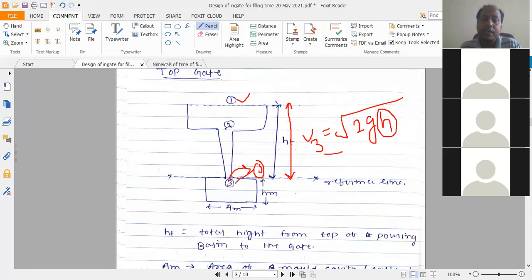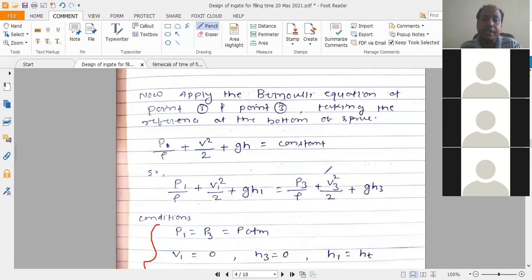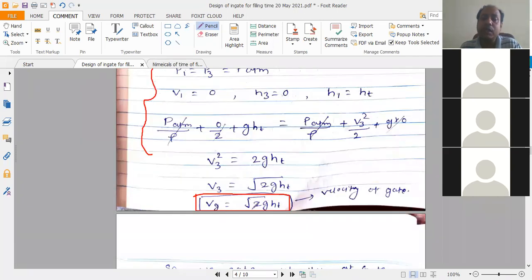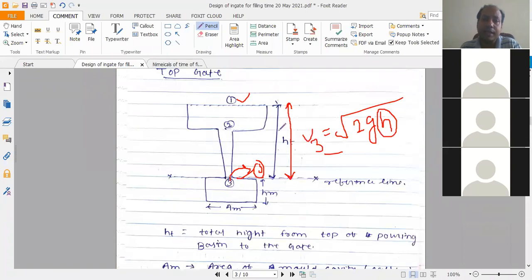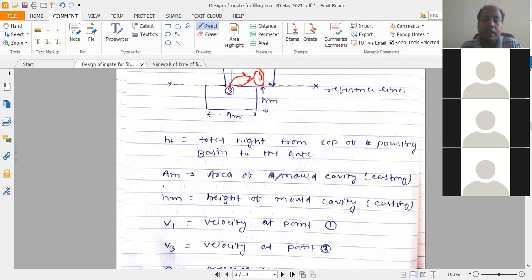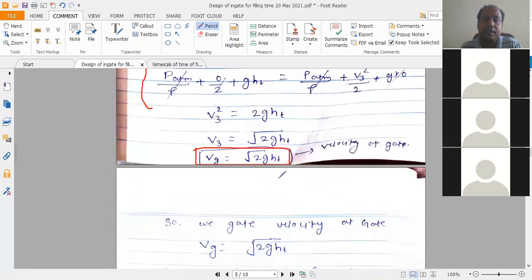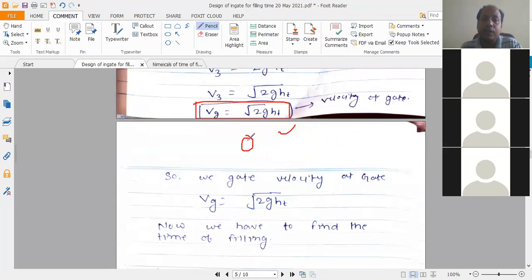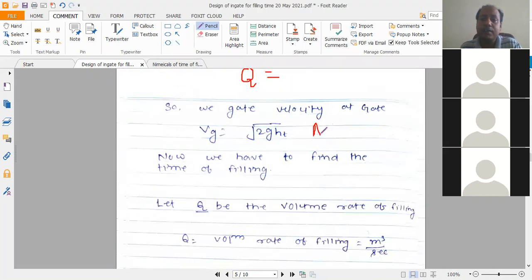The velocity at the gate is nothing but root under 2g ht, because we have taken the total height as ht. If the velocity of the gate is determined, then for the time of filling, if Q is the volume flow rate through the gate, it is the area of the gate into the velocity of the gate.